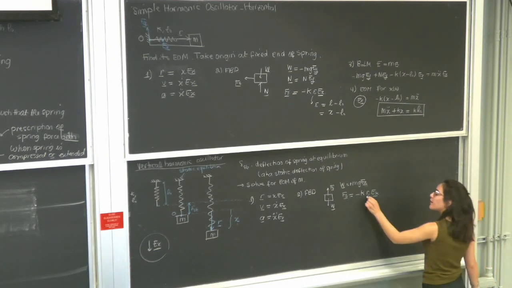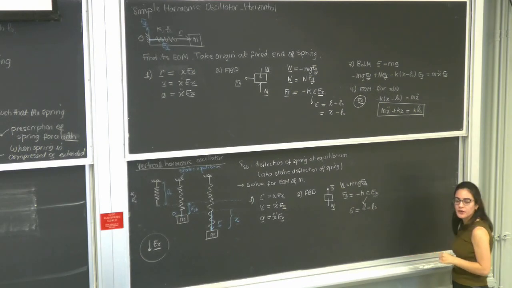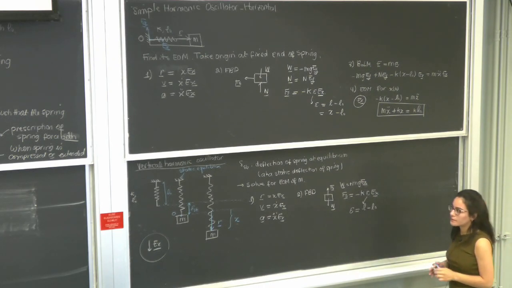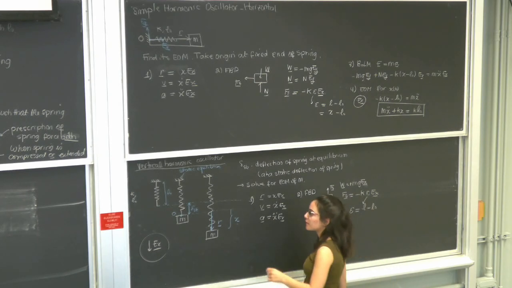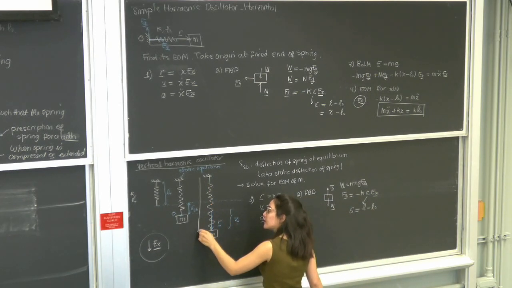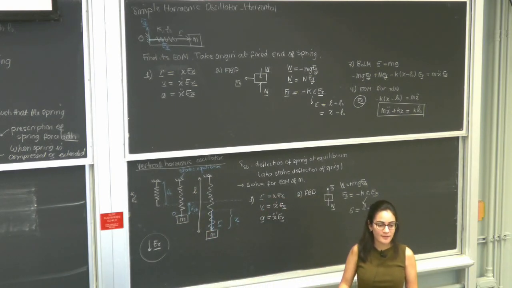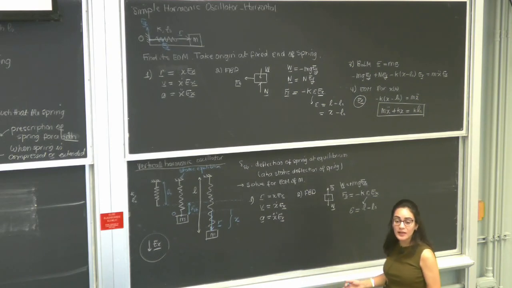Yes? Does the epsilon encapsulate the static deflection? Well, you tell me. What is epsilon here? In general, epsilon is L minus L0. And what's the current length of the spring? It is L0 plus the static deflection plus X. So that's my current length of the spring.